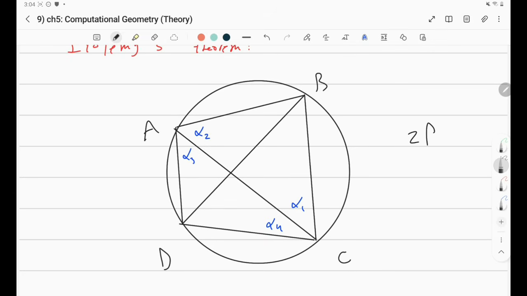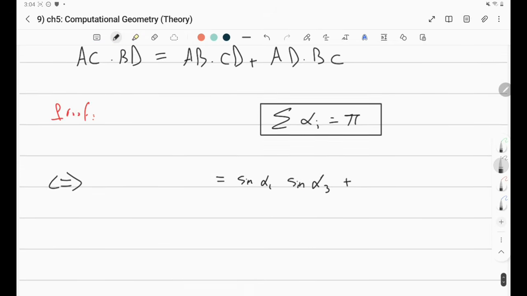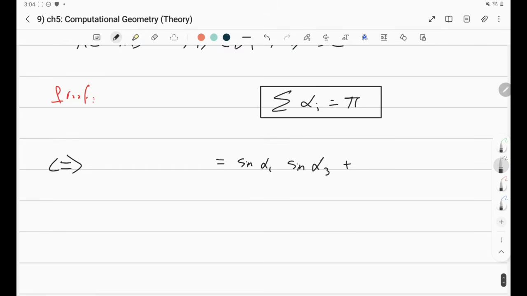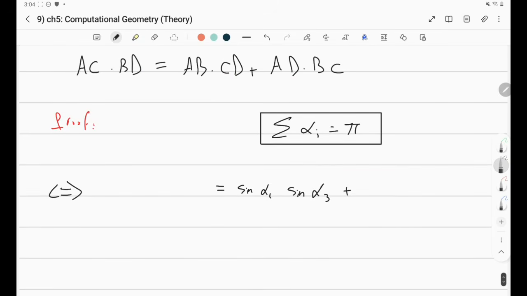And remember that all the triangles share the same r, and hence it does not really matter. That's why I'm just immediately saying that. For example, AB is just 2r times sine alpha 1. So yeah, let's continue. We also have the other ones, AD and BC. So BC, we know it's sine alpha 2. And clearly AD is just sine alpha 4.